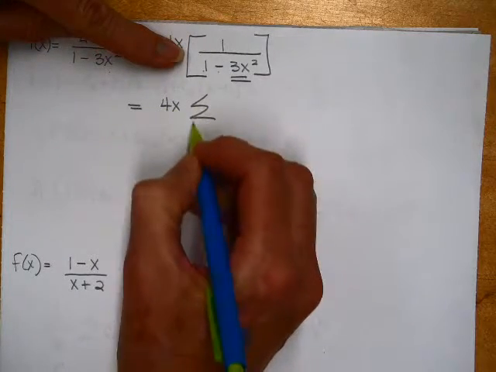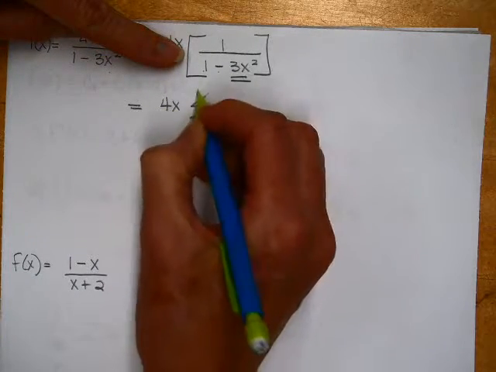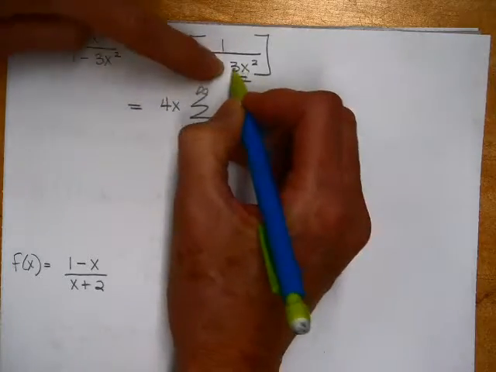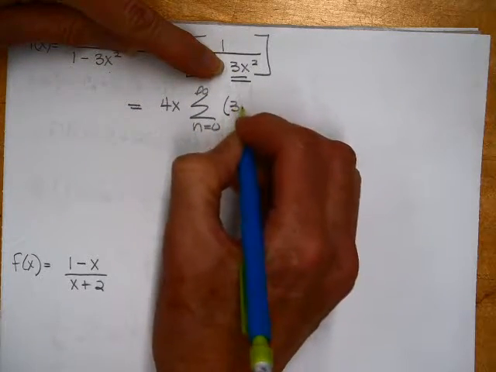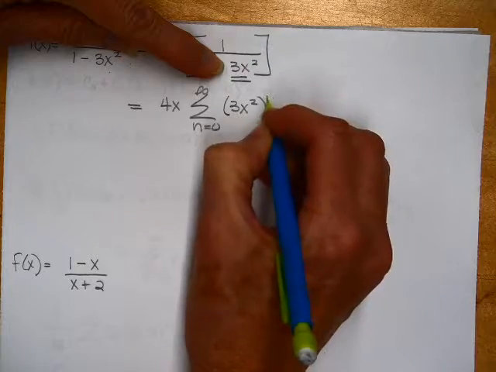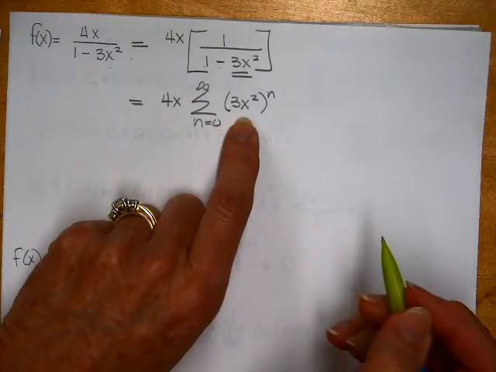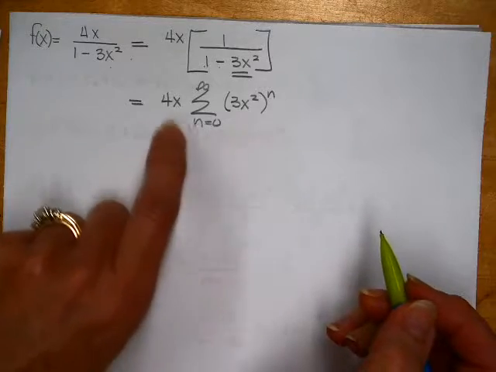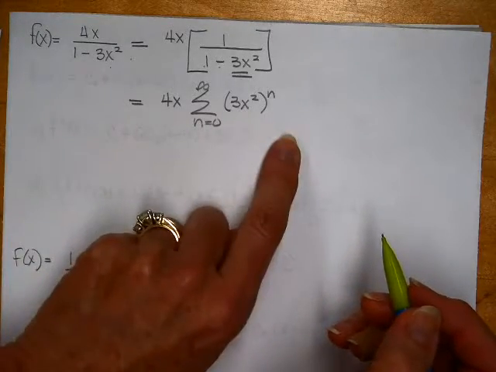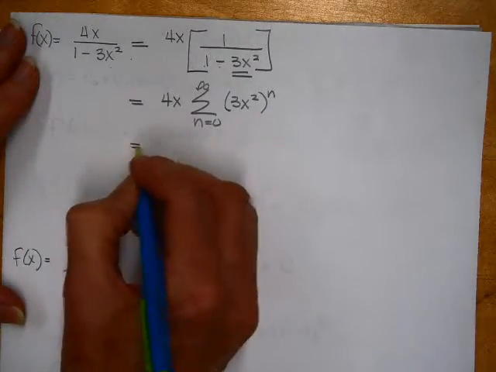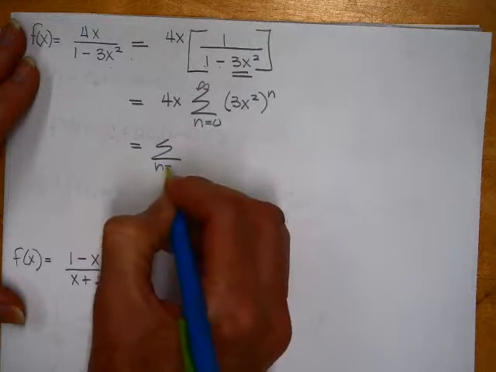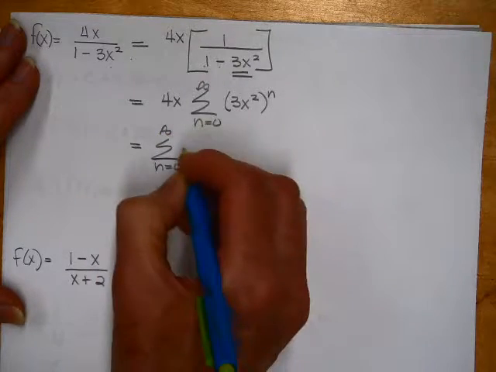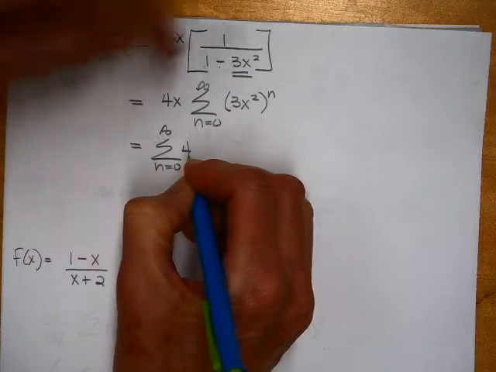And this as a power series is from n equals 0 to infinity. This 3x squared is what replaces the n. Now you need to bring this 4x to the inside of your summation symbol. So this is the sum from n equals 0 to infinity. I'm bringing the 4 in.